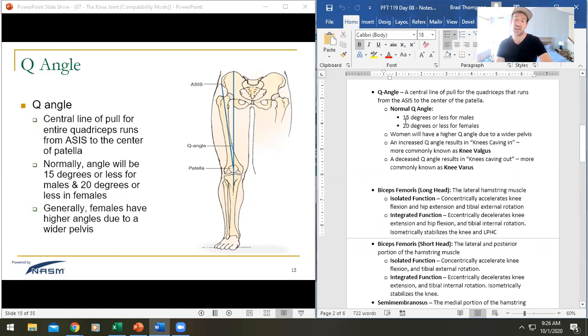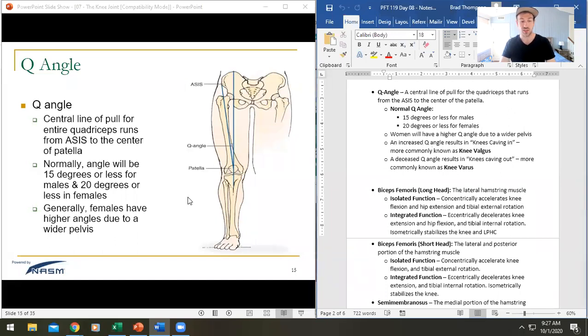If I were female, that angle should be about 20 degrees. Women have a wider pelvis, so their ASIS is further lateral, and the angle is going to be a little more intense, versus guys who tend to have slightly narrower hips. So women will have a higher Q angle due to having a wider pelvis.